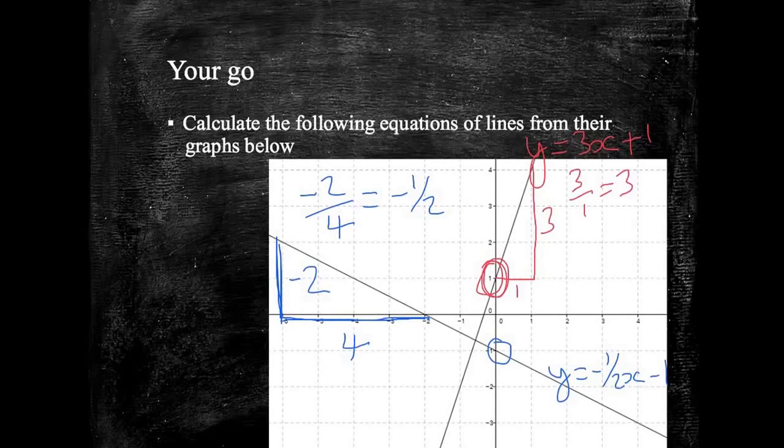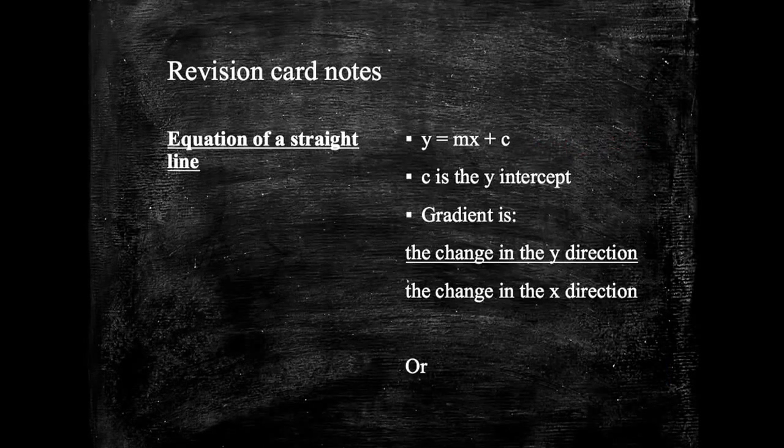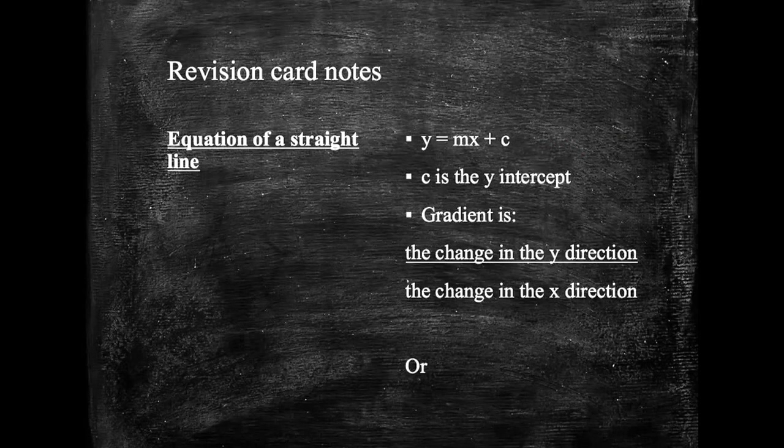Okay, so in all the videos that I've done so far, we've been making revision card notes. If you want to make some revision card notes here, then maybe a quick sketch of what some equations might look like. So you might want to do something like this, noticing that this is in the positive direction. You could highlight where the y-intercept is.